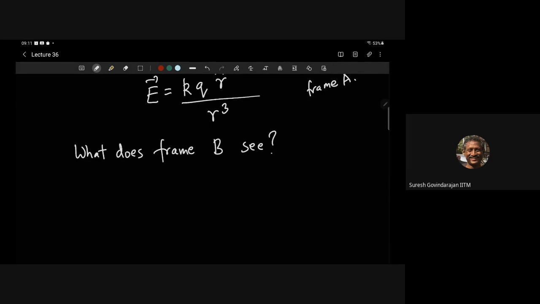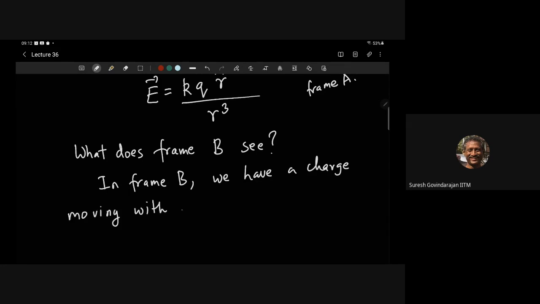Okay, so frame B, we have a charge moving with velocity. What is its velocity? Minus u.